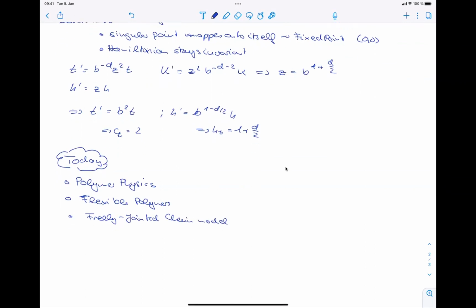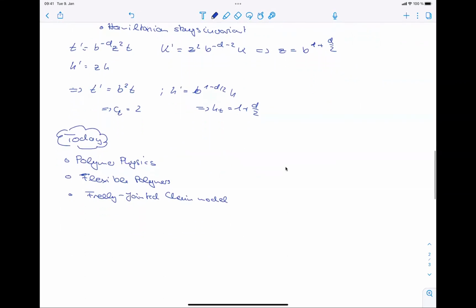Why do we care about polymer physics? Well, you will find that polymer physics is important for a huge plethora of processes in life, because polymers are the building blocks of, for example, our DNA, and a lot of building blocks in the cells are polymers. But the same is true for any soft materials.